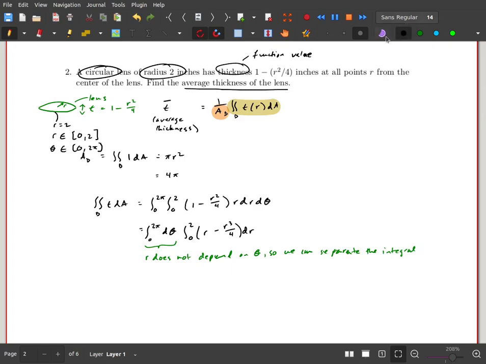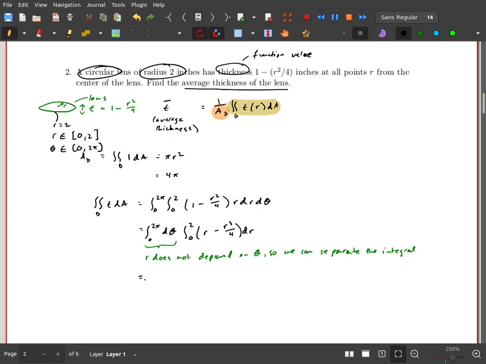If r depends on theta, we can't do this. But in this case, we know in the limits that r will just go from a constant value to another constant value. There's no dependency on theta inside the function, so we can do this and it's fine.